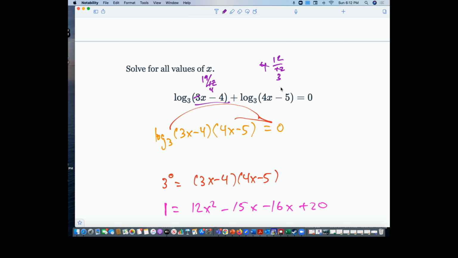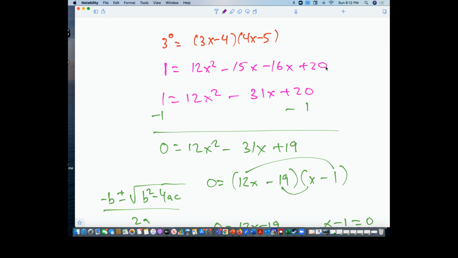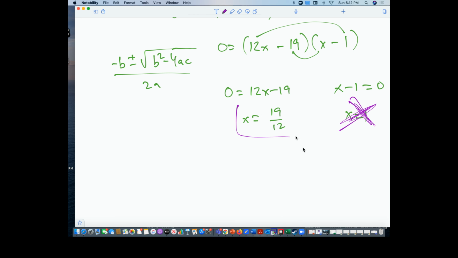Oh, that's a 19. Okay, that makes more sense. 4 goes into 12 3 times. So 19 divided by 3, well, 6 times 3 is 18. So this is 6 and 1/3. Minus 5 means it's still positive. And so that's the only one that's going to work. So this is my only answer.